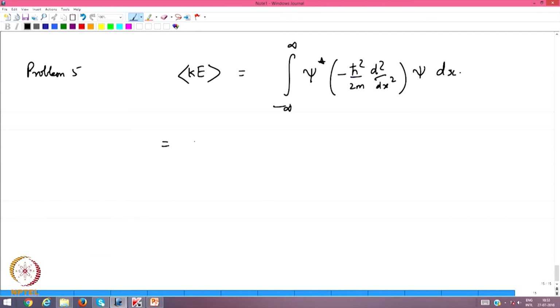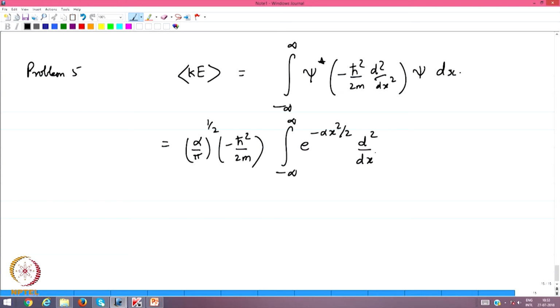So the expression is (α/π)^(1/2), and you have -ħ^2/2m, and the integral from minus infinity to plus infinity of e^(-αx^2/2), the derivative d^2/dx^2 of e^(-αx^2/2), times dx.